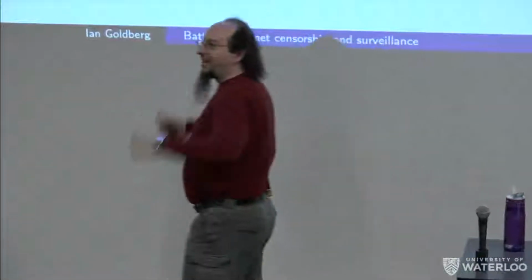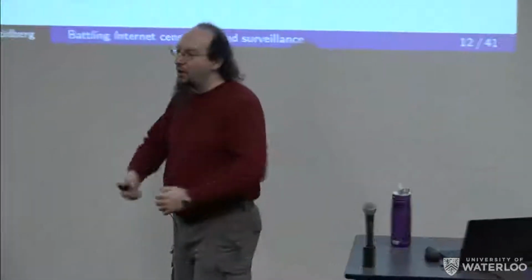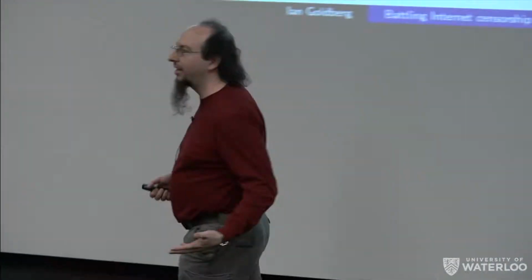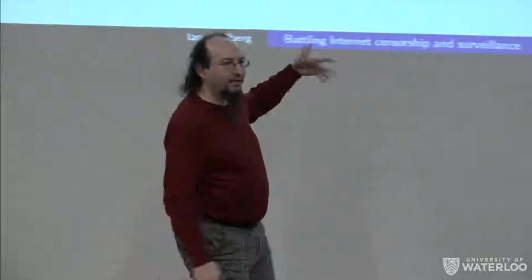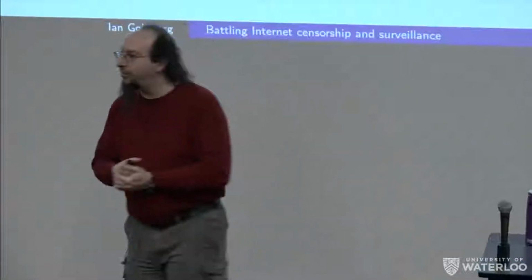There was an explosive kind of sea change in how people viewed privacy on the internet when Edward Snowden leaked a whole bunch of documents, okay, that talked about what various governments were doing clandestinely to surveil the internet. Mostly surveillance, also some amount of censorship there too. And the internet, and not just the internet content, but individual internet users, right?